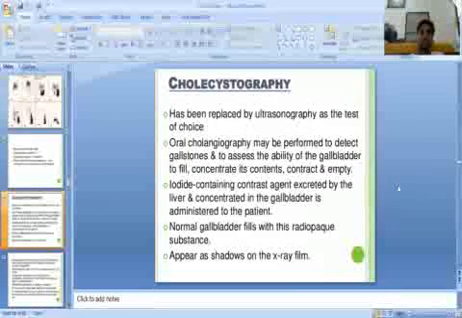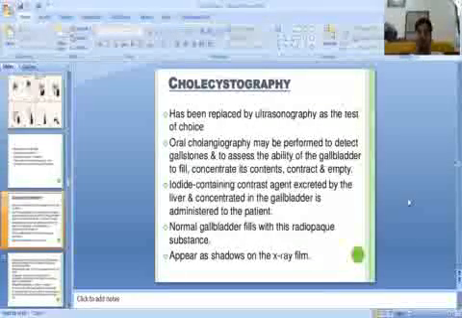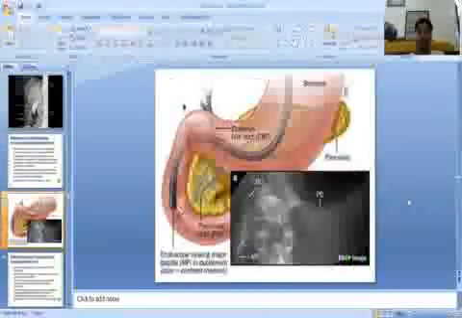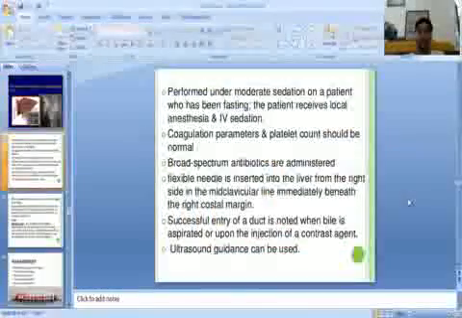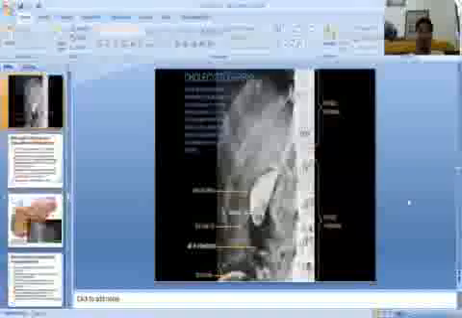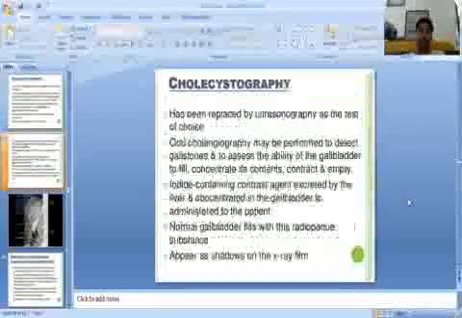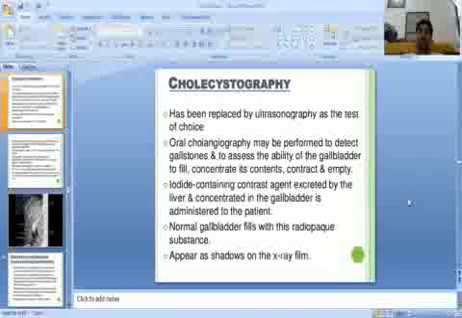Cholecystography has been replaced by ultrasonography as the test of choice.